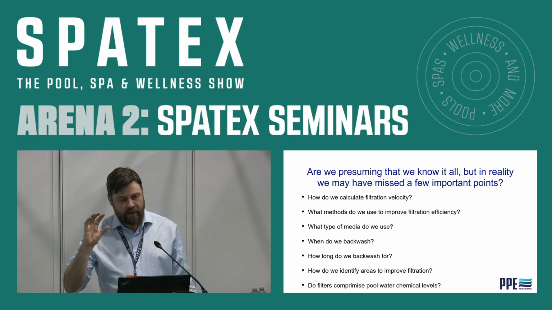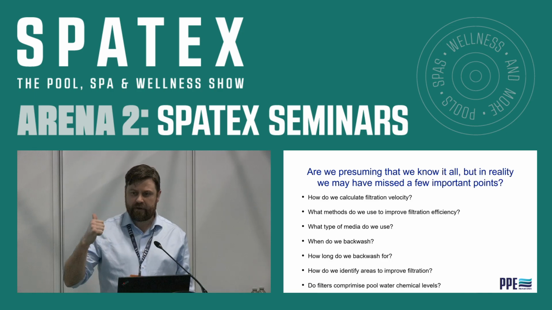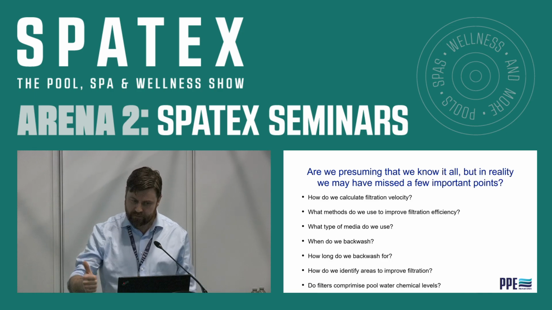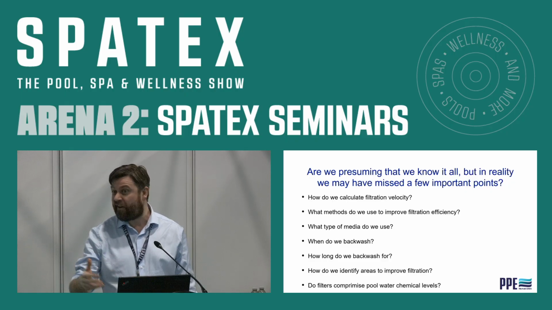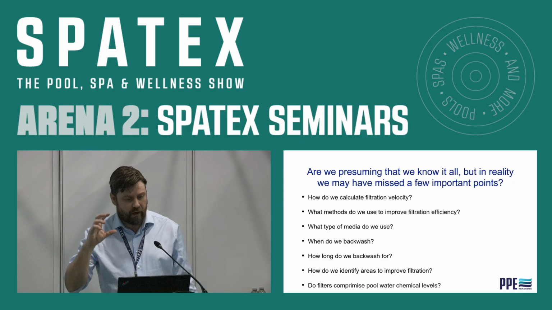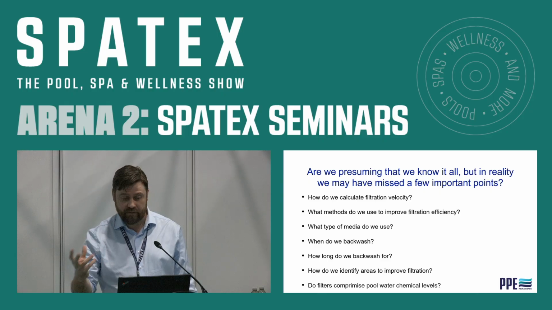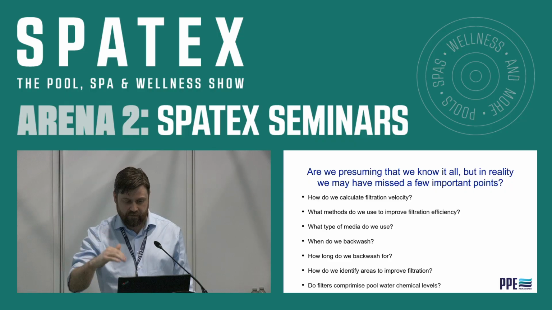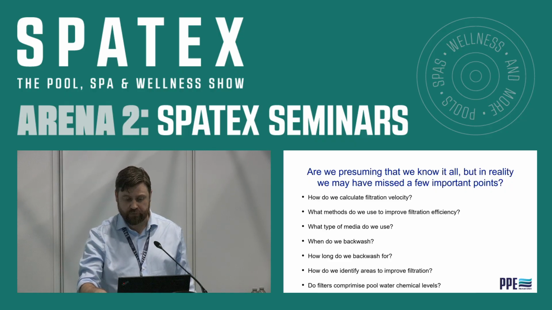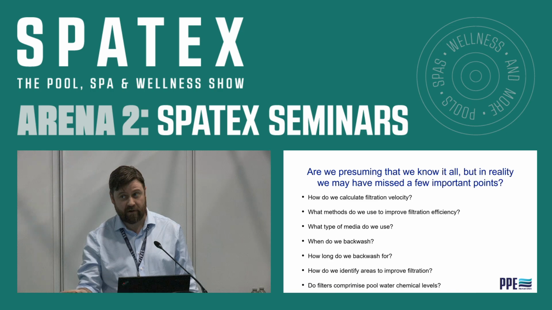So, if we presume that we have a fair idea, we must be able to work out what the filtration velocities are going to be, what methods we can use to enhance that, like coagulants, the type of media that we use inside the filters, when we carry out a backwash, how long we should backwash for, how we identify other areas that could improve the filtration, and do filters compromise the pool water chemical levels if we don't get it right?